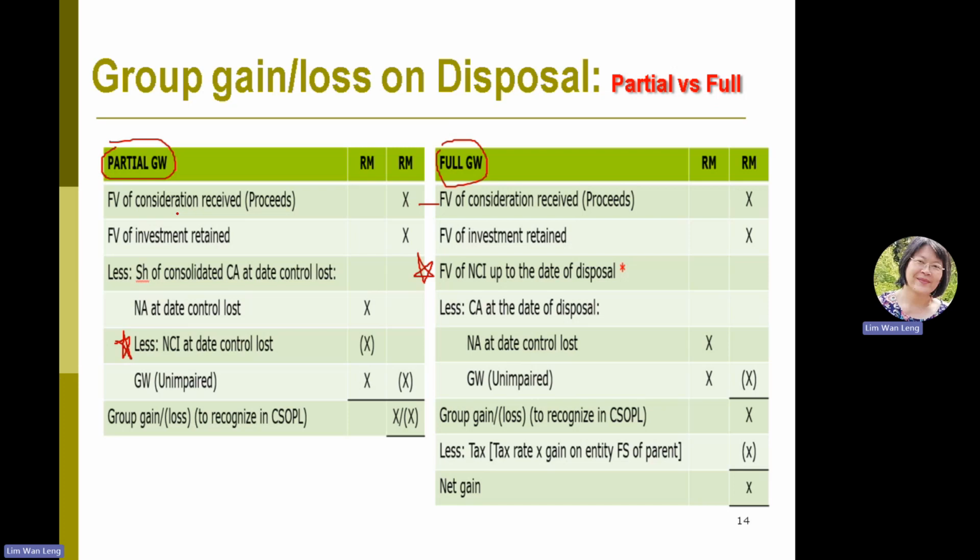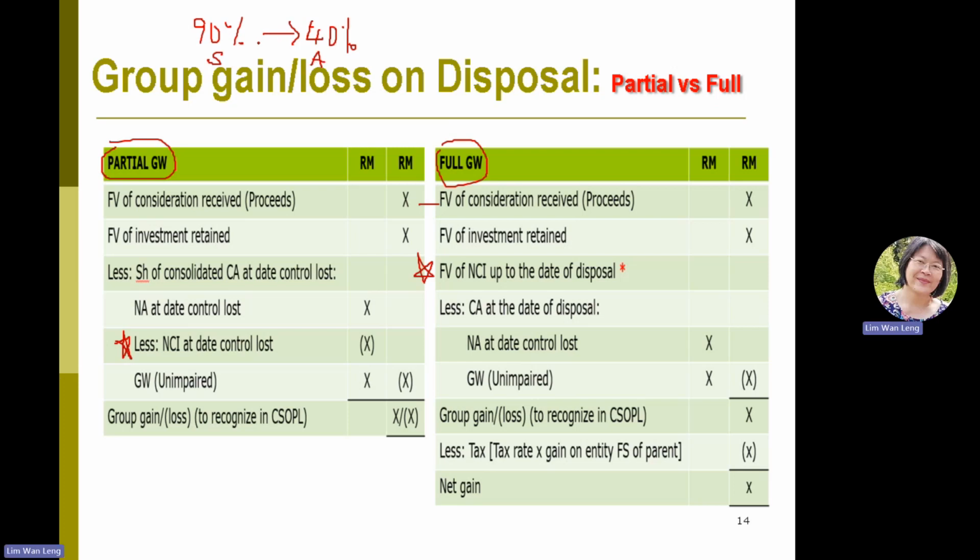If you do not dispose of fully, there must be some investment that you are still holding. For example, if you are 90% and after the disposal you become, let's say, 40%, you go from a subsidiary to the status of an associate.